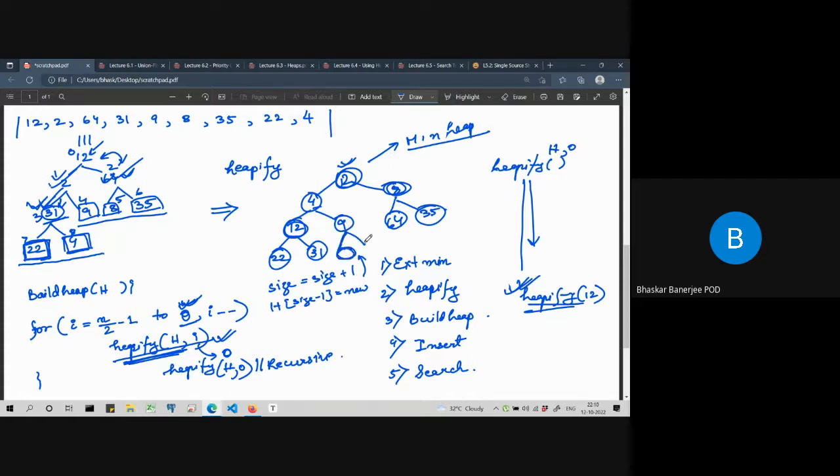If my tree would have been like this, then my last element would be like this. If like this, then the last element would be like this. If like the one you are seeing right now, then the last element would be like this one. Whichever is your last slot, in that you put the new element that you want to insert.